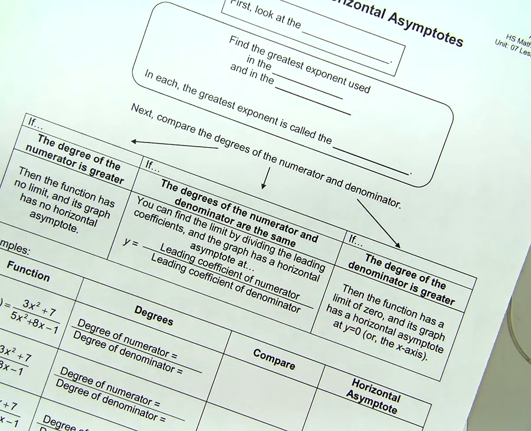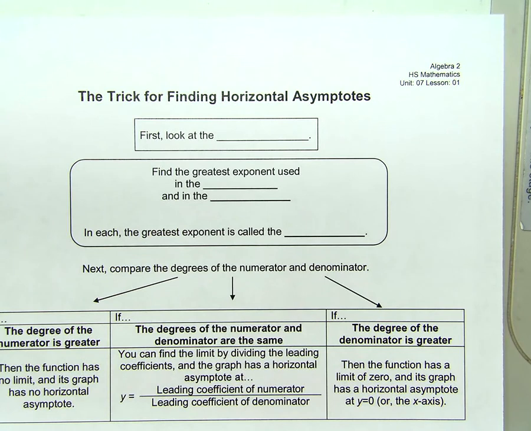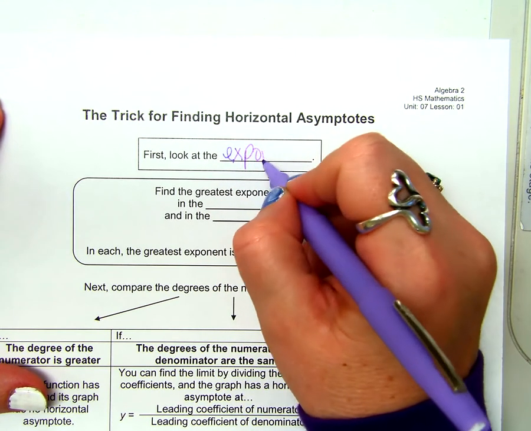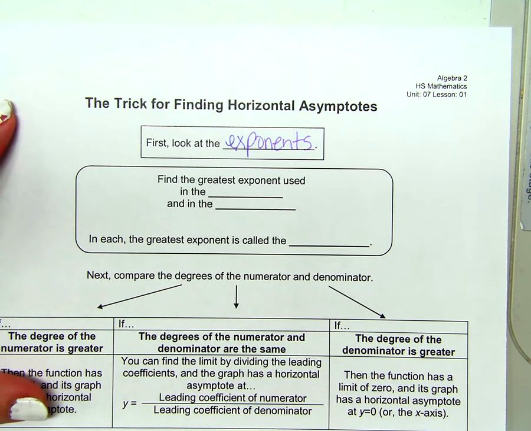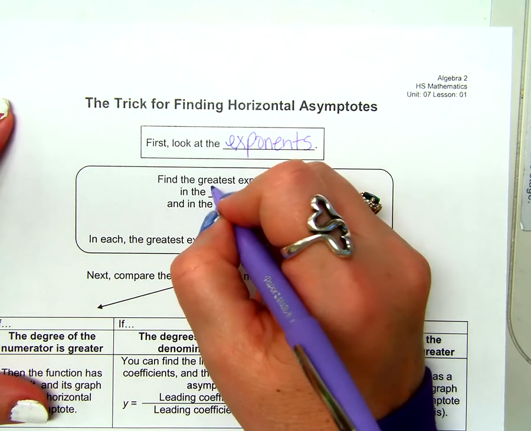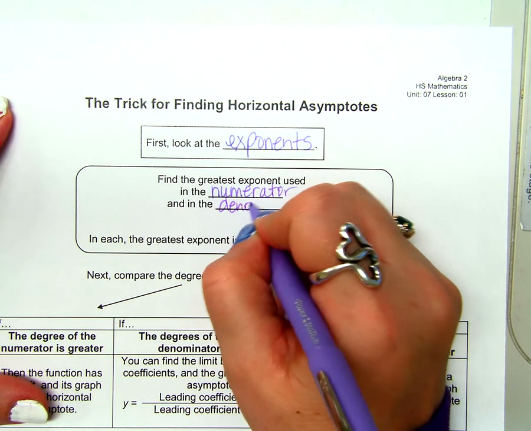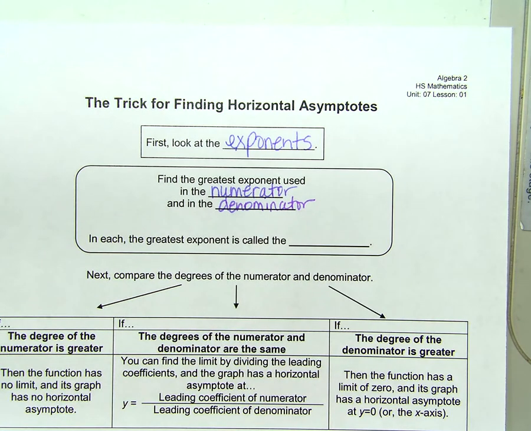Okay, so go to that other paper I gave you and let's make it all official. First, I'm looking at the exponents. I need to find the greatest exponent used in the numerator and the denominator. In each, the greatest exponent is called the degree.